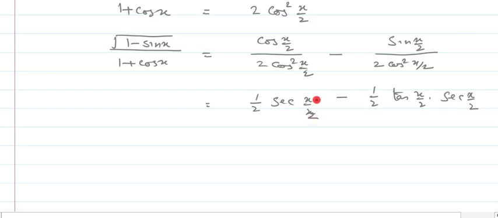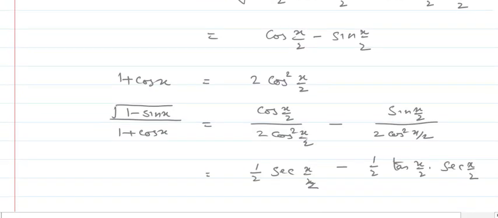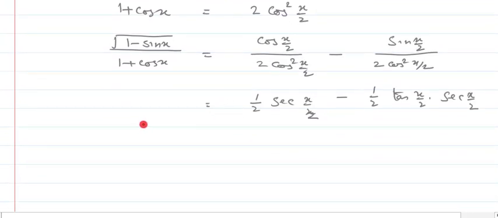Now you know very well that sec x/2 has its derivative as 1 upon 2 into tan x/2 into sec x/2, and e power minus x/2 is present in the question. So I think now it is clear that this question is of the same type that we are discussing in this video.